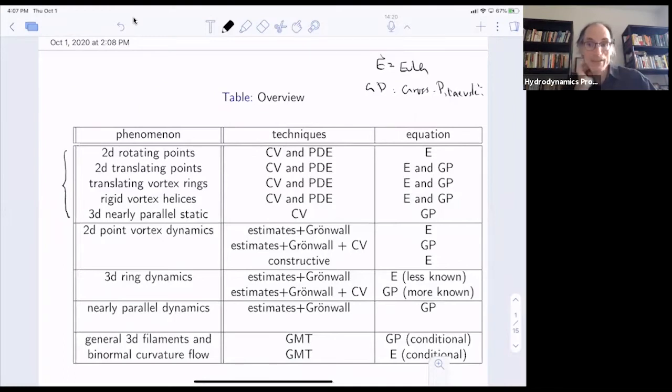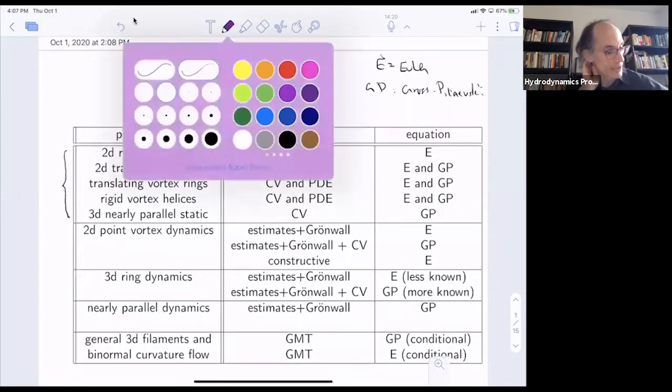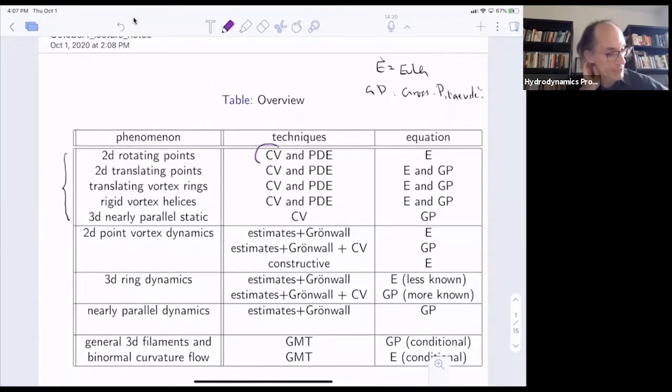But the point I want to make is that I want to cover at least one proof of each type in some detail. What we've done so far is we spent a couple weeks talking about a calculus of variations approach to the Euler equation. And I want to do one PDE result.